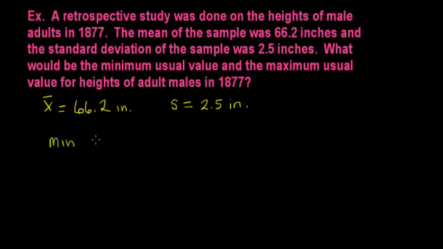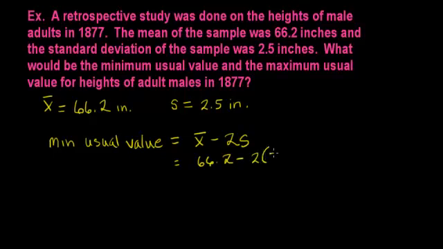We'll recall the minimum usual value was equal to the mean minus 2 standard deviations. So in this case, equal to the mean, 66.2, minus 2 times 2.5, which is 66.2 minus 5, or 61.2 inches.